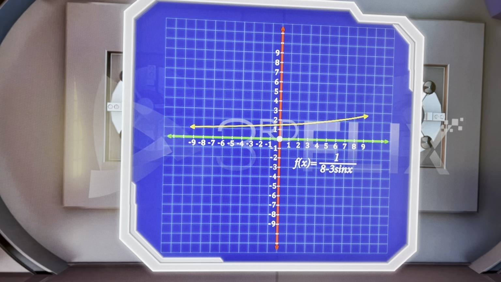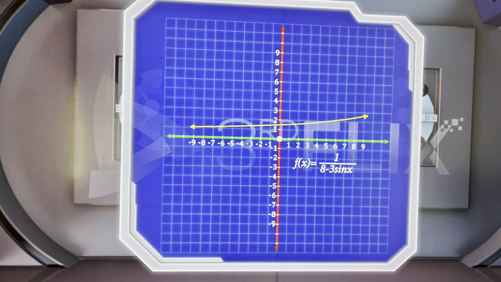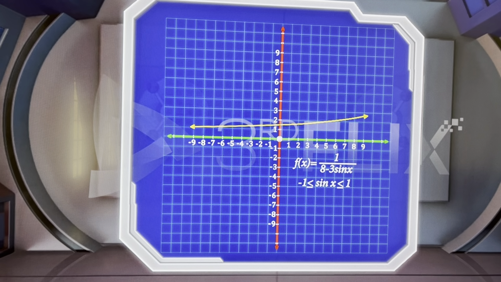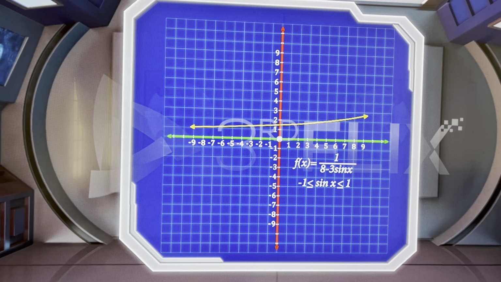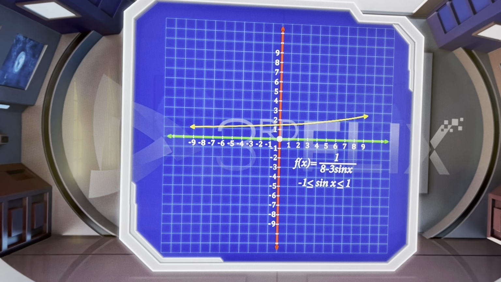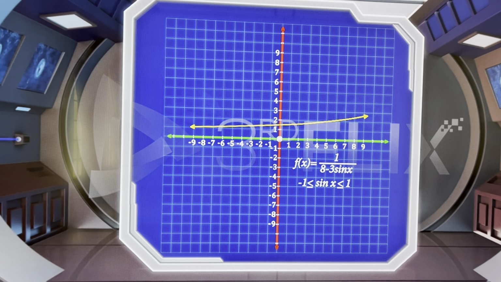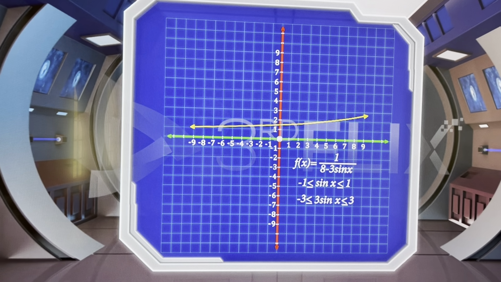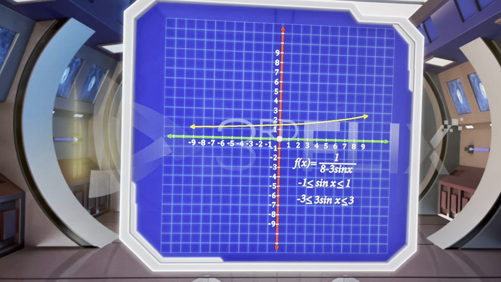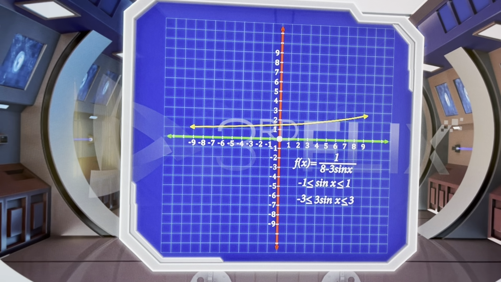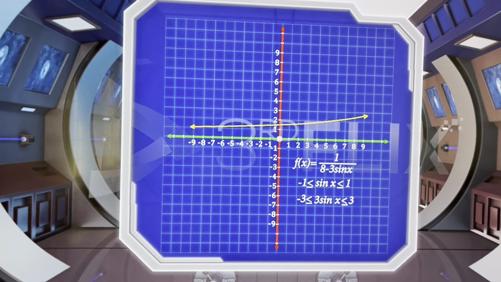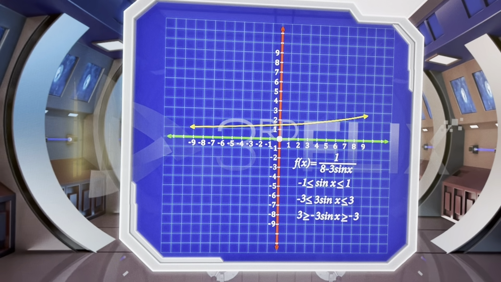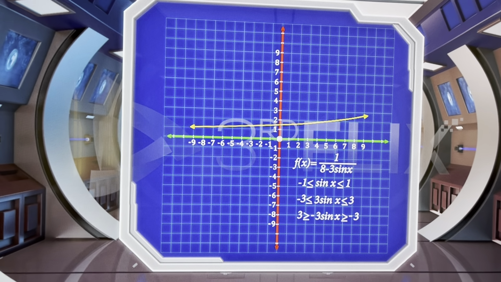We know that minus 1 is less than or equal to sin x, which is less than or equal to 1. Multiplying by 3, we get minus 3 less than or equal to 3 sin x less than or equal to 3. Adding 8, we get 5 less than or equal to 8 minus 3 multiplied by sin x less than or equal to 11.